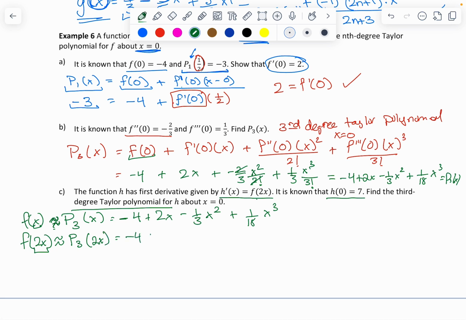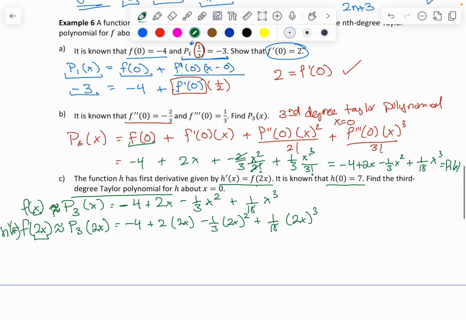So wherever there's an x, I'm going to put in a 2x. And this right here is equal to h prime of x, right? H prime of x is equal to f of 2x. And that is approximated with the Taylor polynomial at 2x.